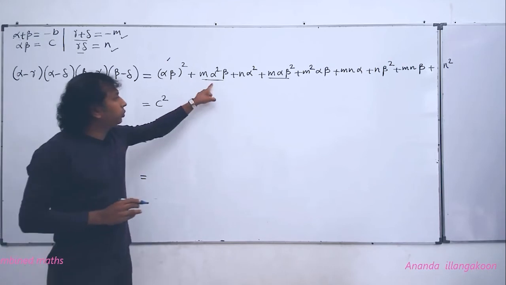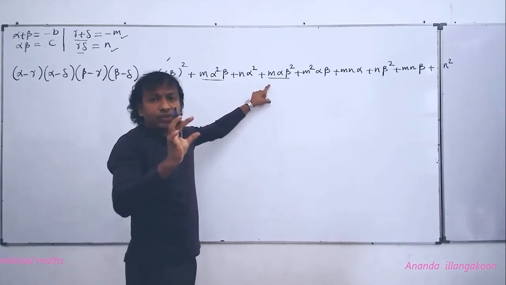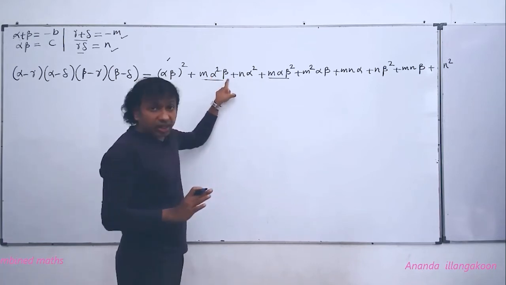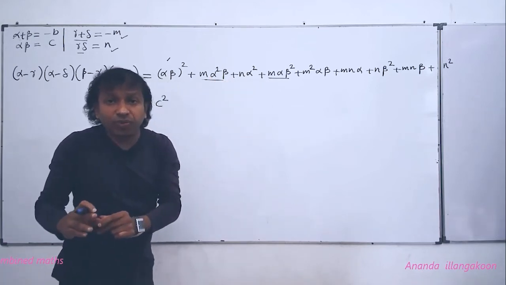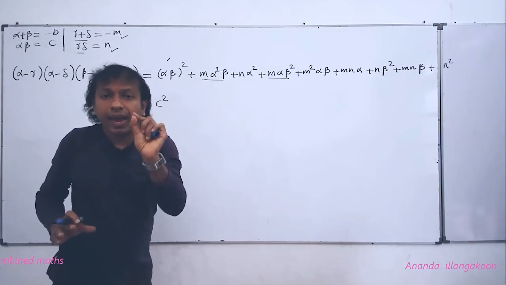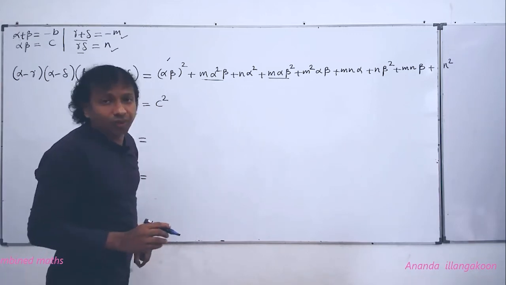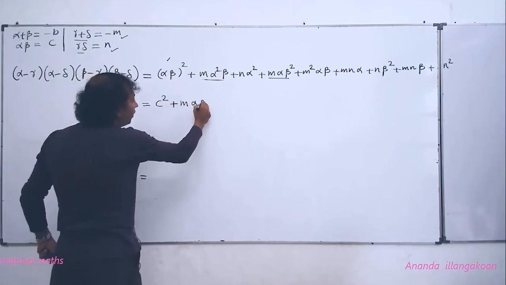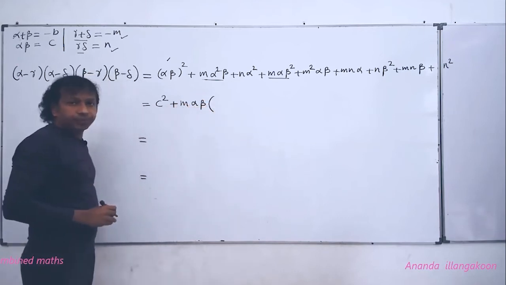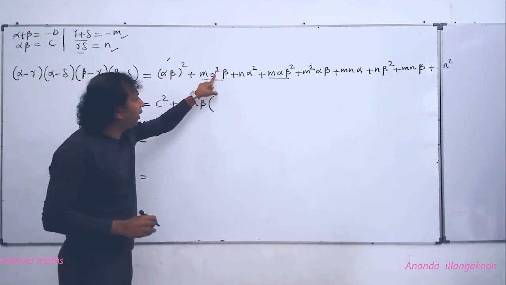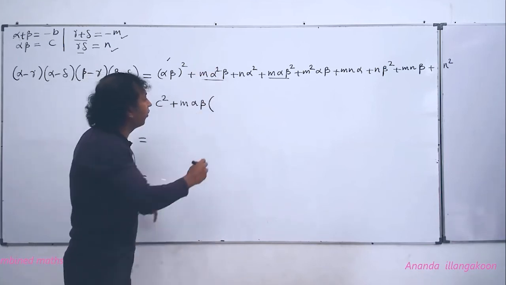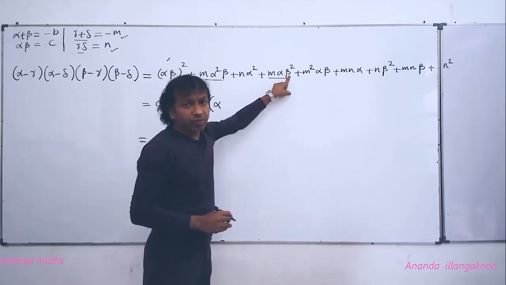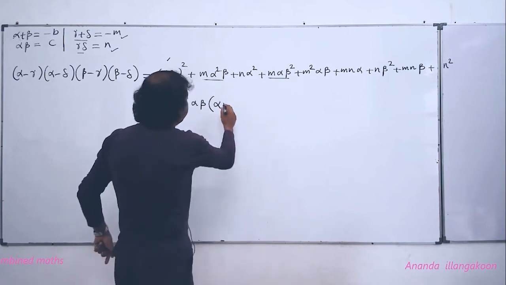When you consider these 2 terms, people, what are the common terms for these 2? M is available in both, in common. Alpha beta product common. Alpha beta product common for both terms. Then take m alpha beta out as common factor. It is plus, no? M alpha beta we take out. And then m beta and 1 alpha when you take out, from here we get alpha. Here, people, m alpha and 1 beta when you take out from this, we get plus beta within bracket.